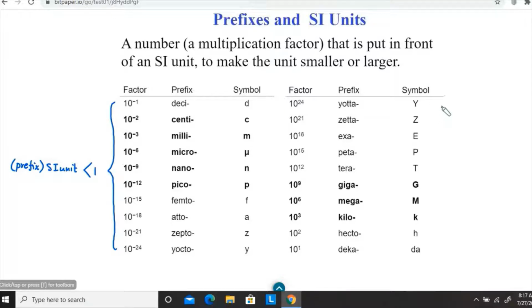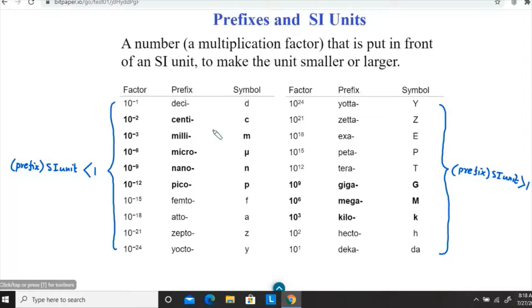However, on the right hand side, you can see again another group of prefixes. So here, when you multiply the prefix by the SI unit, then it's greater than 1.